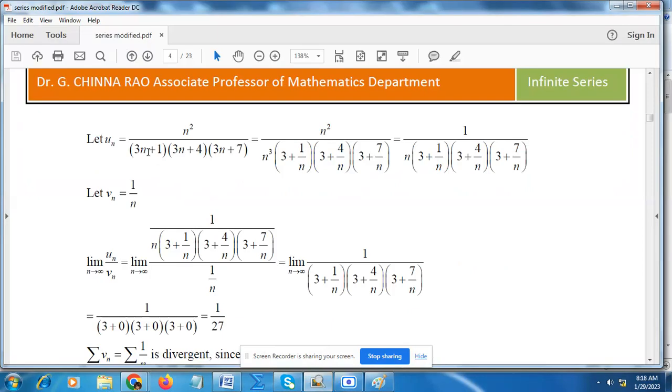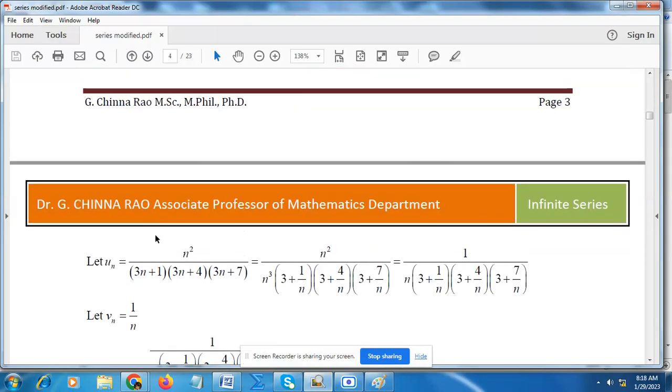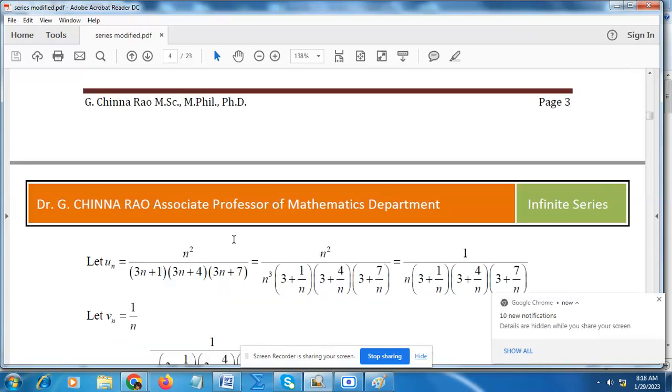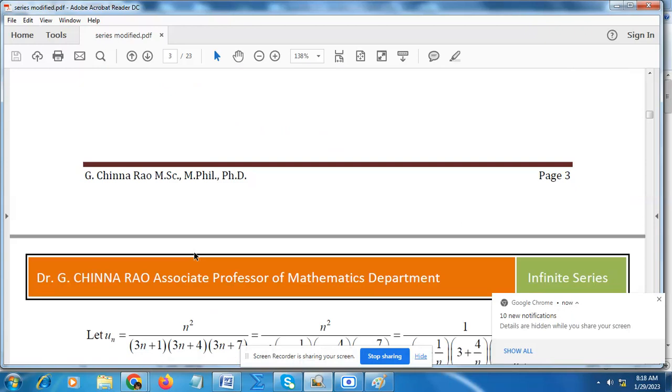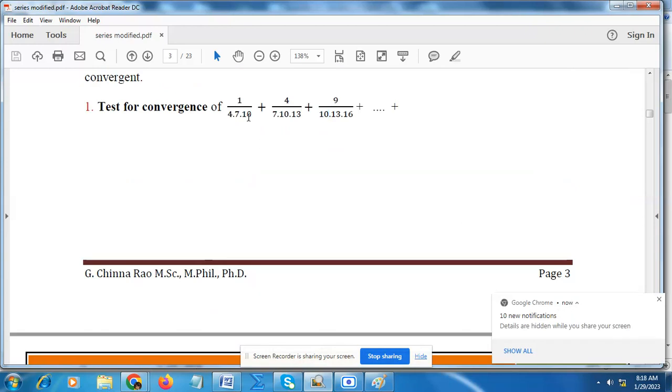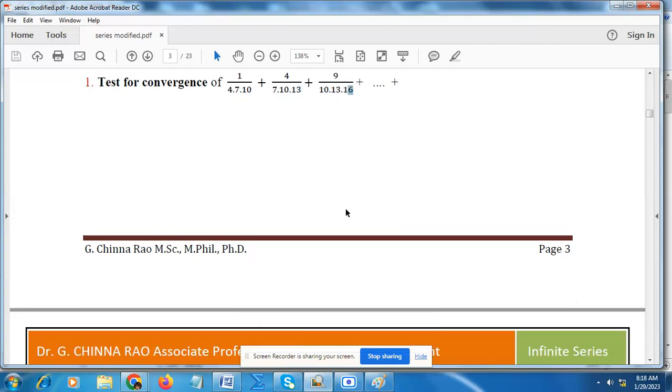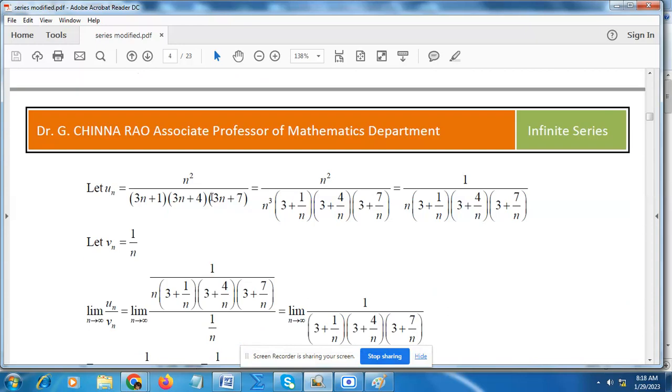That is the first term. And again take 7, 10, 13, so on. Its nth term is 3n plus 4. Again take 10, 13, 16, so on, and its nth term is 3n plus 7.